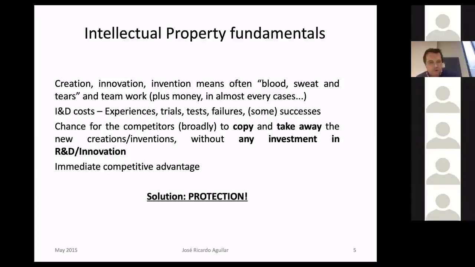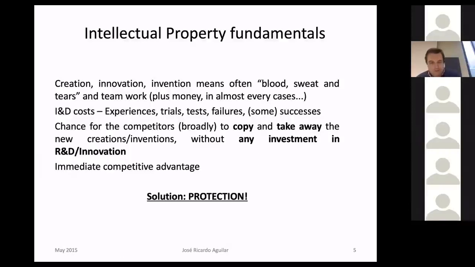So time costs, but also material costs, money, resources, labs, computers, internet, and lots of things that we need to mobilize in order to carry on the project. During all this experience, and I'm sure that you are aware of this, we need to try, we need to fail, we need to follow some paths that in the end will not bring us anything.